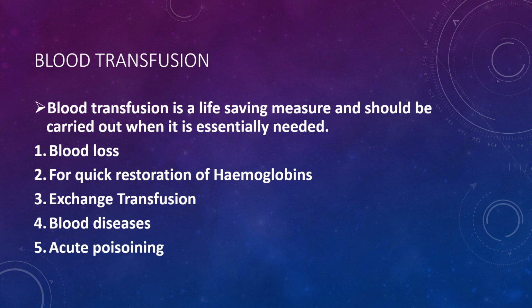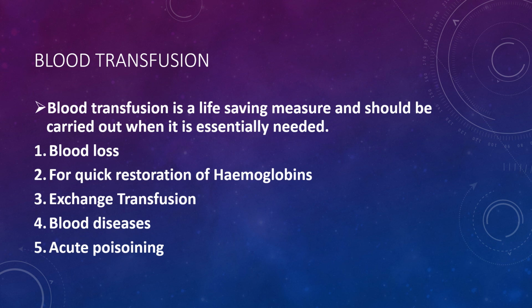In blood loss, it may be acute blood loss or chronic blood loss. Quick restoration of hemoglobin is required when you go for a certain surgery and the patient's hemoglobin is very low. In that case, if the surgery is very important and essential to do, then you do the blood transfusion.